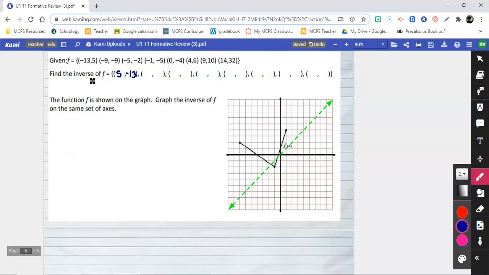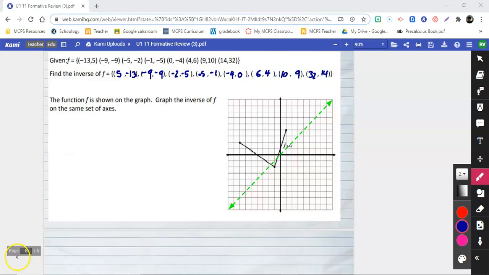If we have -9, -9, we switch it. Since they're just the same, we can keep it. And then if we have the next ordered pair -5, -2, its inverse is going to be -2, -5, and so on. So we're just switching x and y. Keep in mind, we're not switching the signs. We're only switching the x and the y.